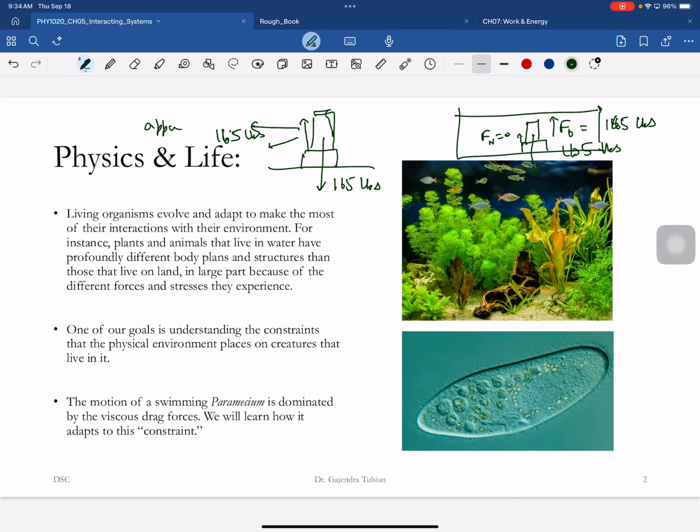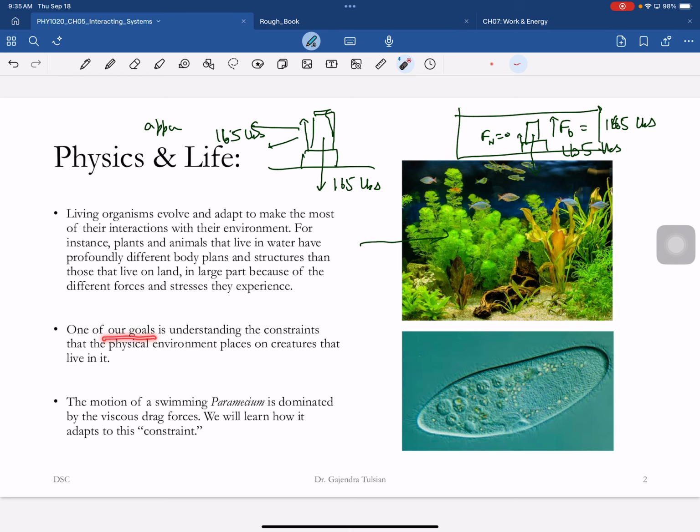My structure would be totally different. These plants don't have to have too much cellulose. So your environment determines what your structure is. That's what we are going to learn for plants and animals that live in water. They have profoundly different body plans and structures.